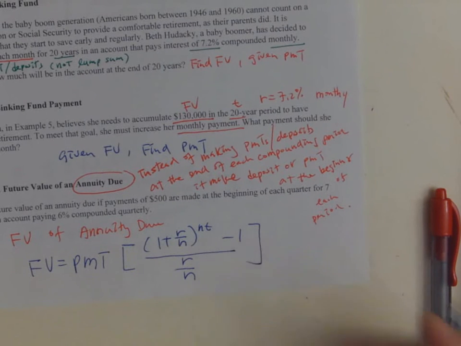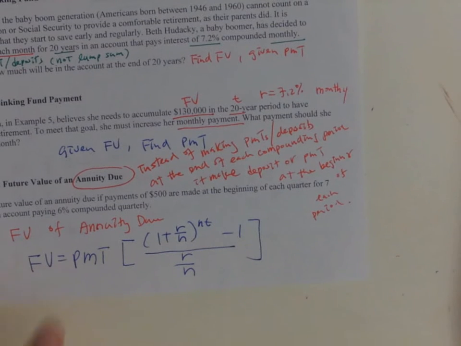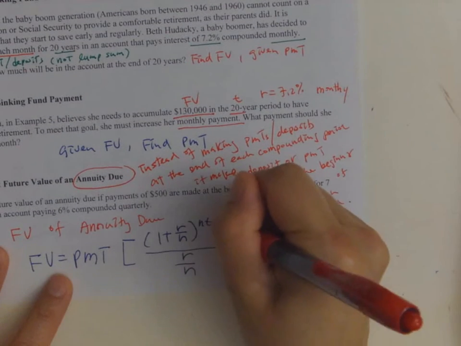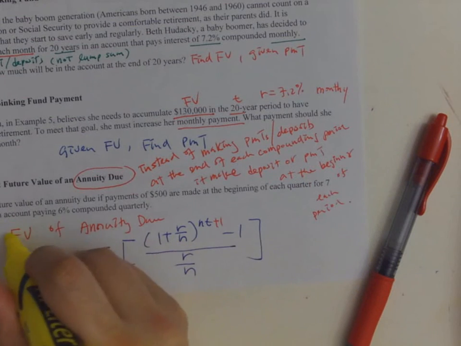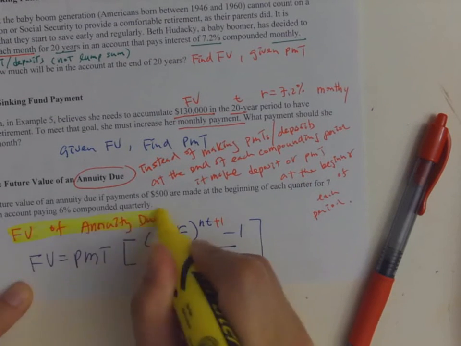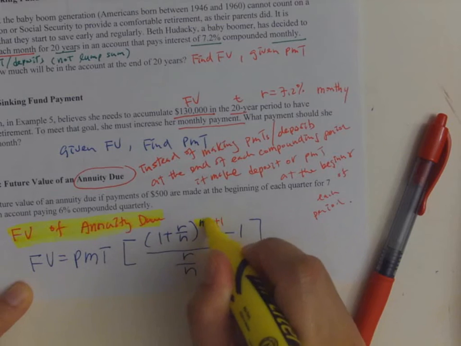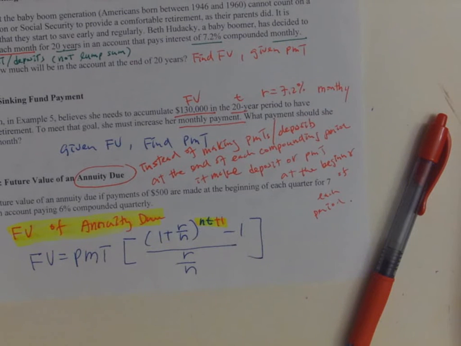And for this annuity due, the difference is they're going to add a 1 here, because if you put the money in at the beginning of the period, it's like you are going to compound it 1 extra time. Okay, so that's the only difference for the annuity due, and I think you have homework questions like that. That's why I want to show you one example. But on the test, we probably will go with the ordinary annuity because those are more popular. You will see that more often.